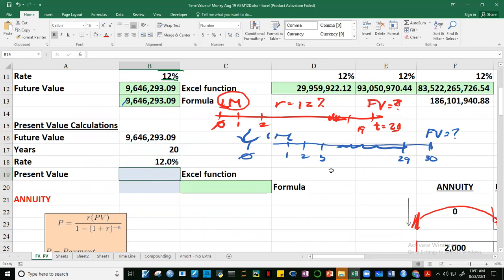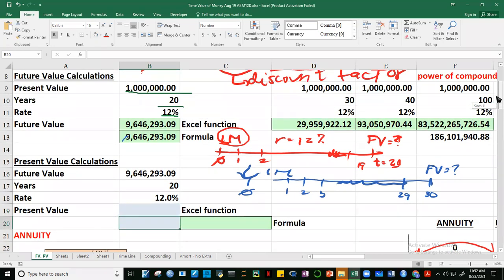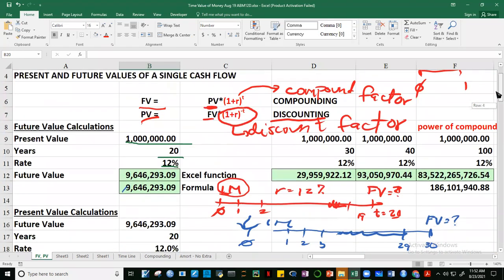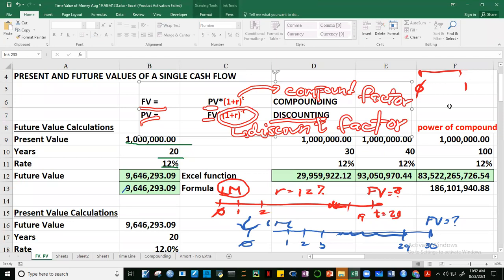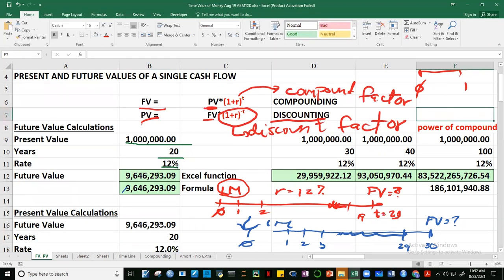Magkano dapat yung i-invest natin ngayon for 20 years at 12% para makakuha tayo ng 9.646 million? Okay? So, pag ang hinahanap yung ngayon, given the future, then that's discounting.